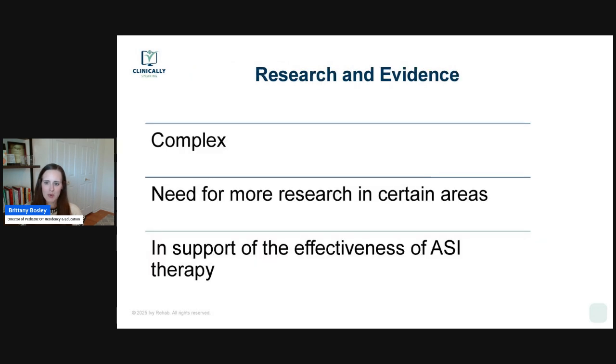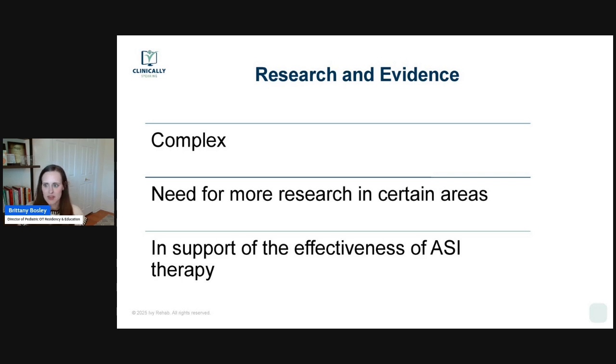And wrapping it up with research and evidence, the research on sensory integration therapy presents a complex picture. While sensory-based interventions are widely advocated for, there's a lack of empirical support, leading to disagreements over their therapeutic value. This is attributed to methodological challenges and confusion with similar approaches.